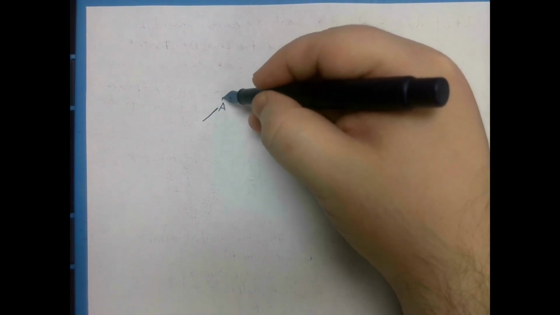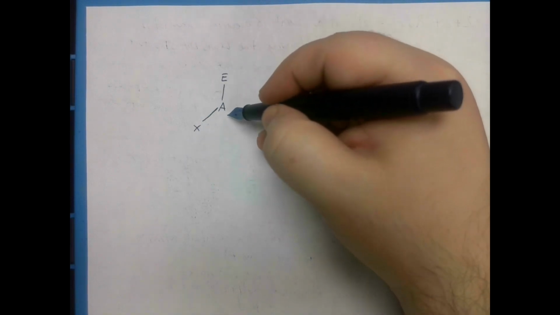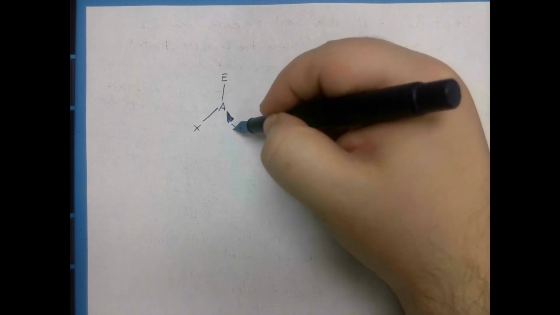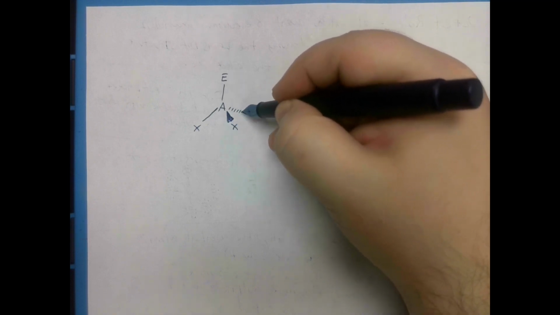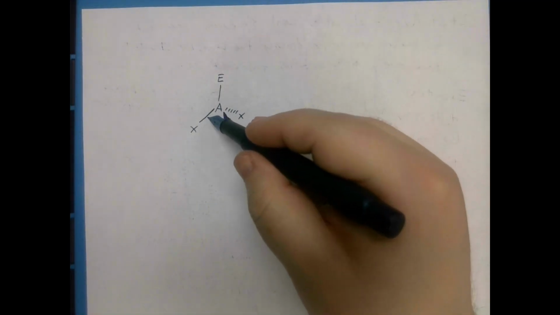So we have the central atom A, an electron pair here, an atom here, and we have this wedge with an atom here, and then we have these dashed lines here, X. What do you think this wedge, this line, and this dashed line mean?